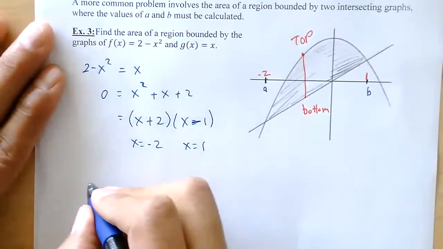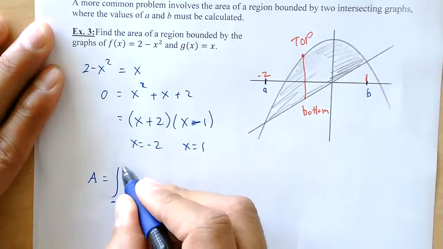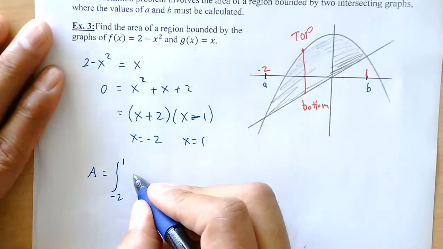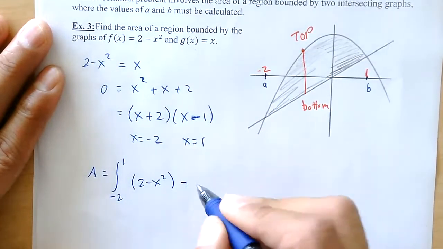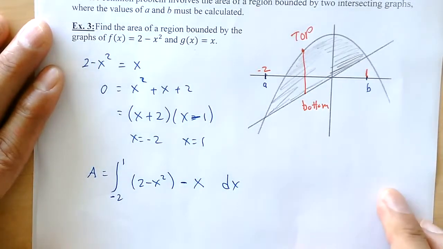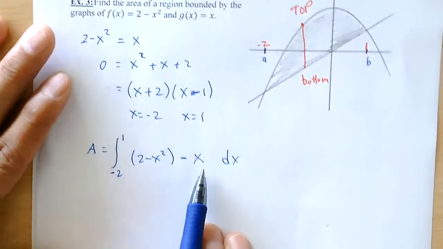So when I set up my integral, the limit will be negative 2 to 1. The top function we said was the parabola. The bottom function was the x. So again, at this point, we should all be experts.